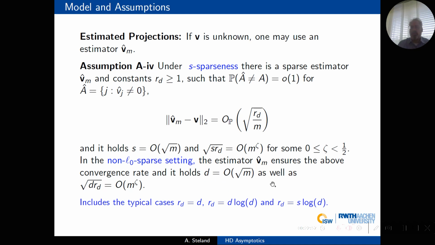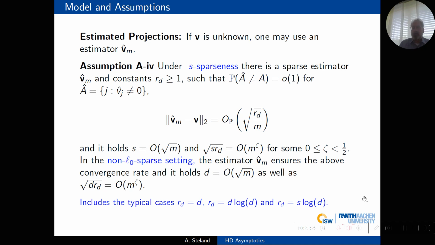Then we have a constraint on the dimension, so it is not allowed that it grows faster than the square root of M. And again, we need this assumption here that the square root of D times Rd is at most of the order M to zeta, and this zeta is smaller than 1/2. But this assumption includes the typical cases easily.